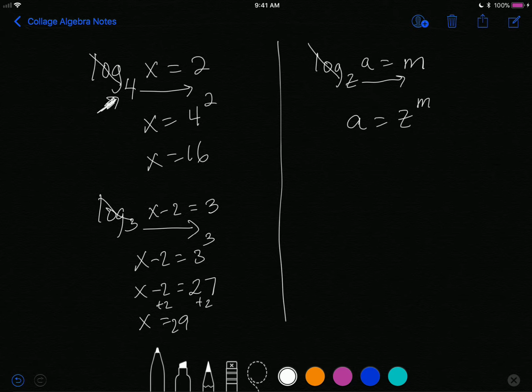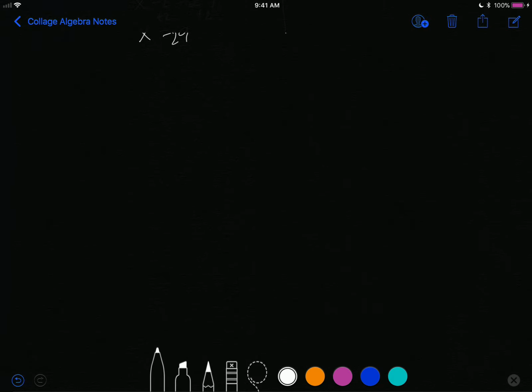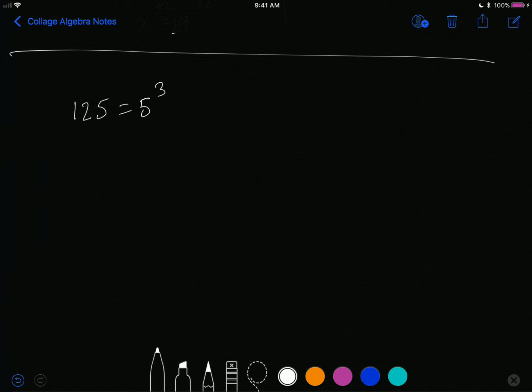Now, let's look at going the other way. I'm actually going to show you a second way later on, but I'm just going to show you how to basically undo what we just did right here. So let's say I have 125 is equal to 5 cubed. This right here is the exponential form of the expression, and I want to convert this back to logarithmic form.